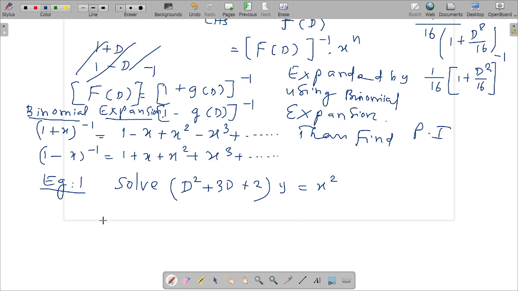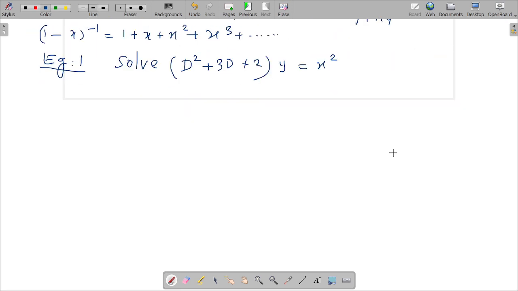First you start to find the complementary function. Already you know how to find the complementary function for this. Complete integral equals complementary function plus particular integral. So what is the complementary function for this? Anyone?